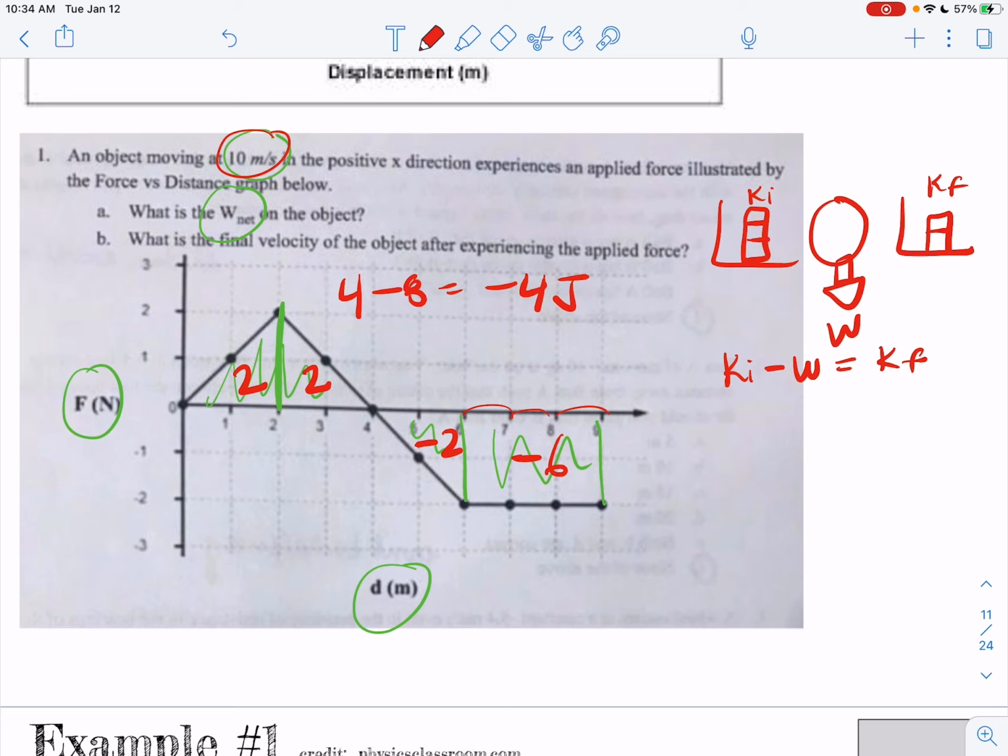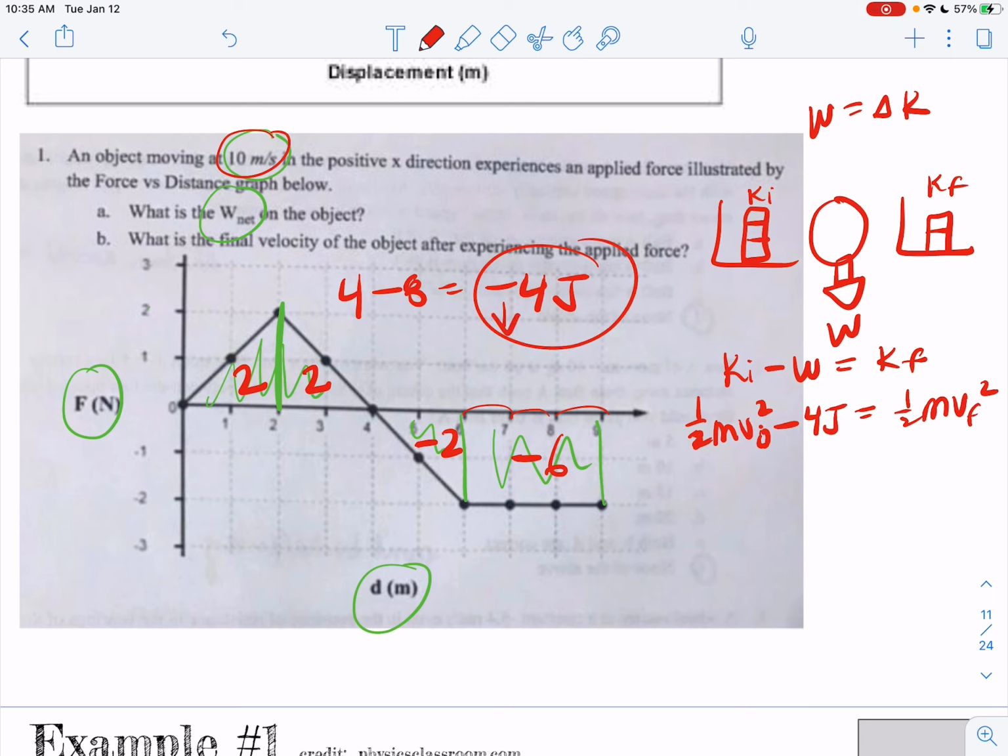Instead of writing work equals change in kinetic energy, I could do that too, but I don't like that. So let's see, 1/2 mv squared minus 4 joules equals 1/2 mv final squared. Notice I don't need to put a negative. That negative is why I'm putting it on this side of the equation, because it's coming out.